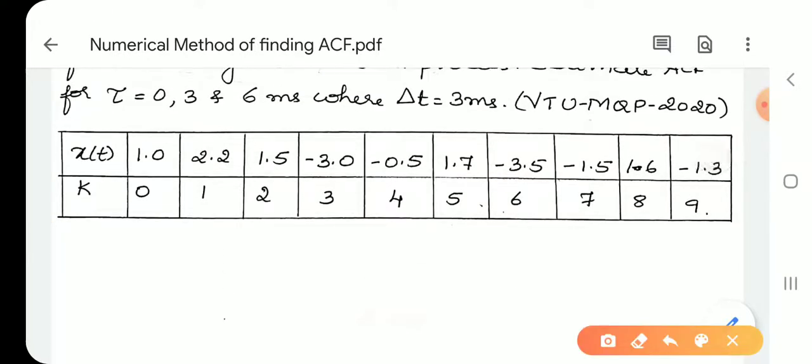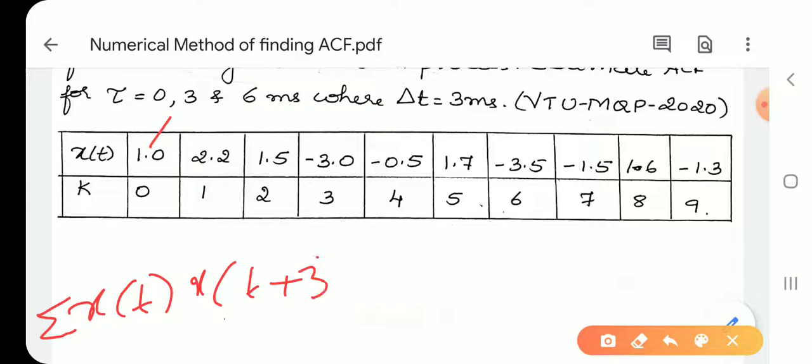If I take x of t as 1, then the next is x of t plus 3, so I have to consider x of t after a time interval of 3 minutes.